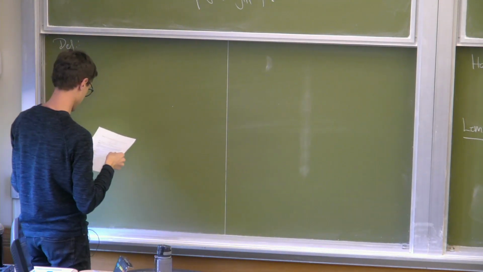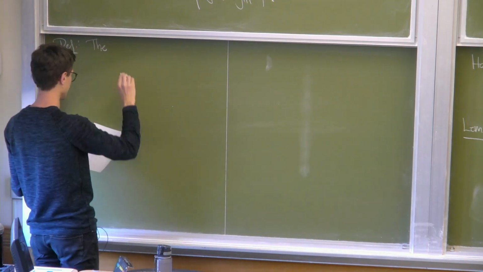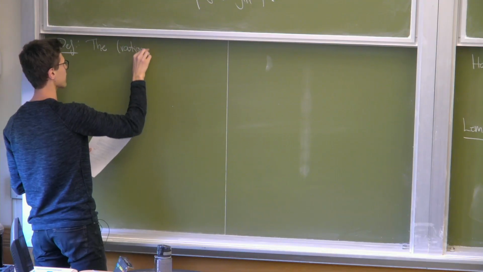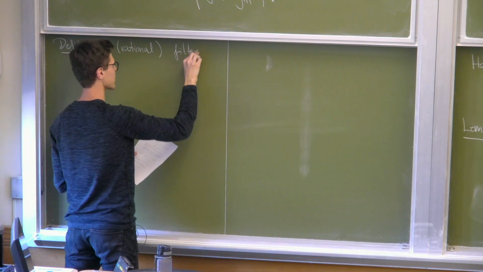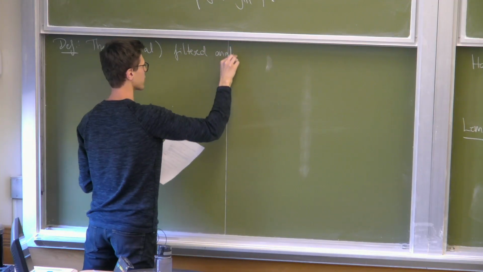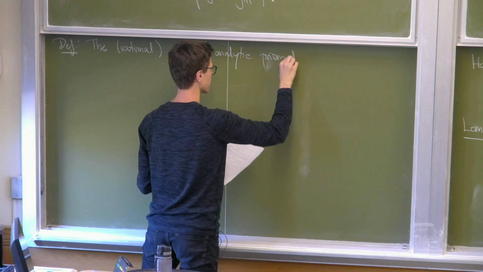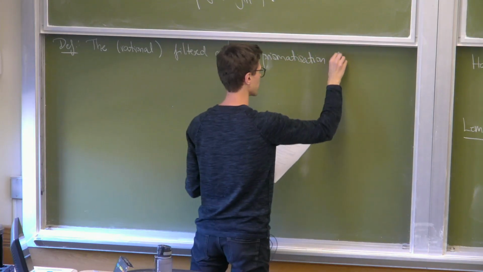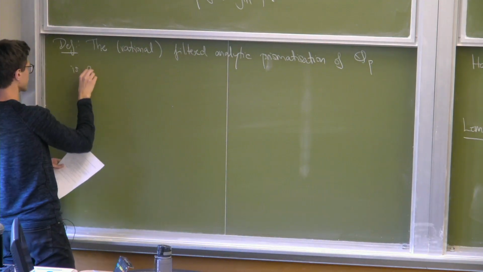And using this map, you can define the filtered prismatization of QP. So again, as always in these talks with rational coefficients, and it's defined as the following pullback.